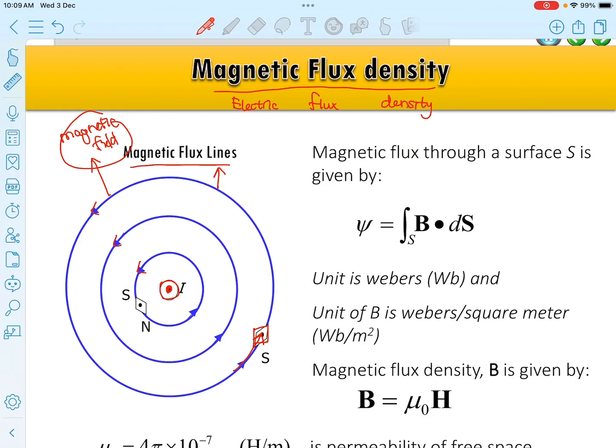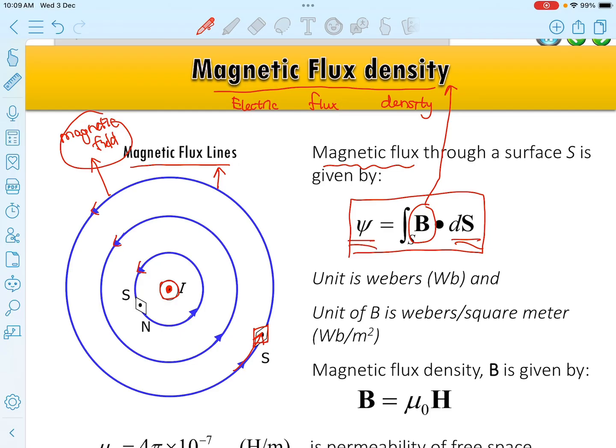To find the magnetic flux through this surface, I have to integrate the magnetic flux density B with respect to the surface, which means multiplying by the area, in order to get the total flux that passes through this surface.